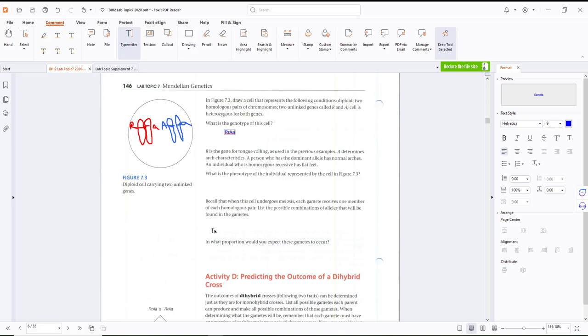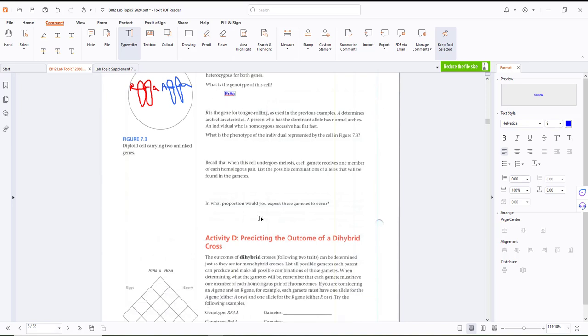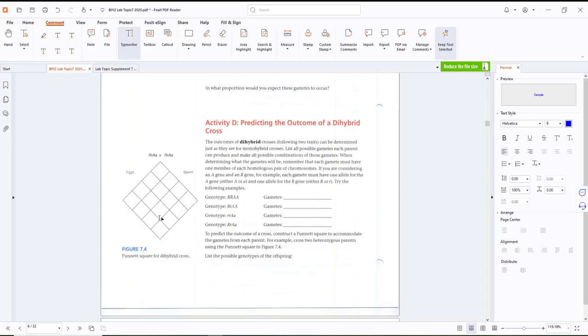All right. And then you can answer the question about what is the phenotype if it has the dominant allele for both. Okay, so now we have to figure out how we would represent that in a dihybrid cross.